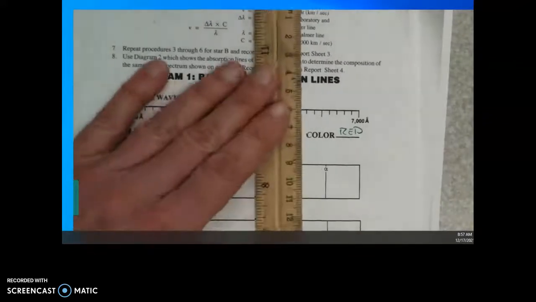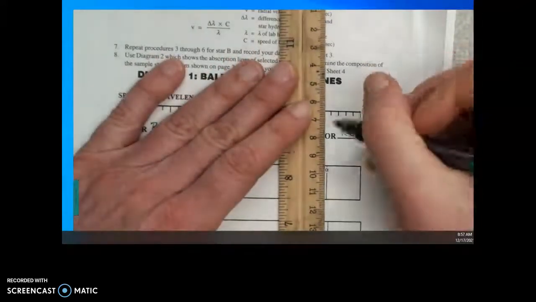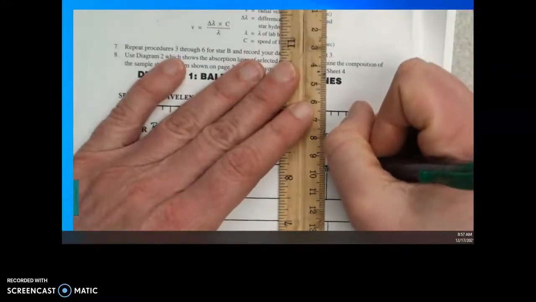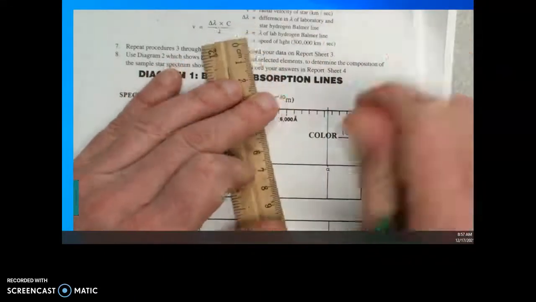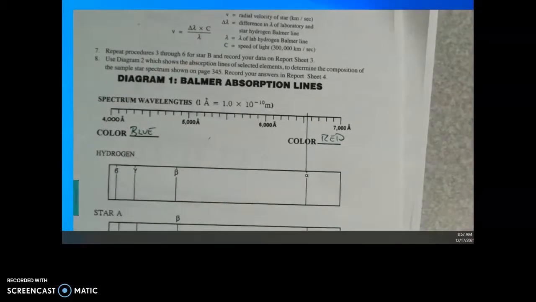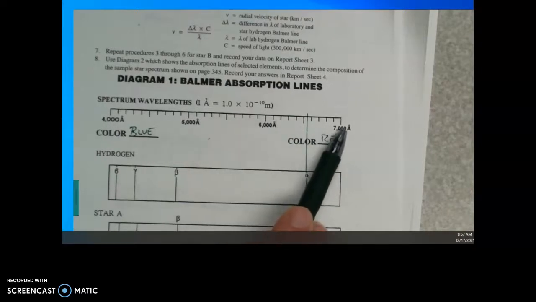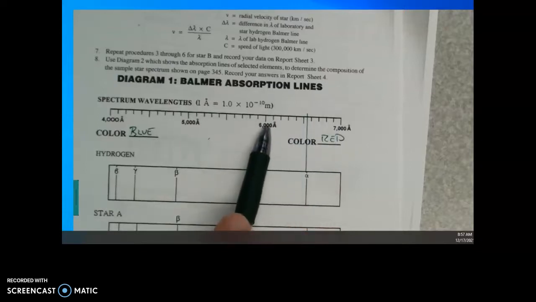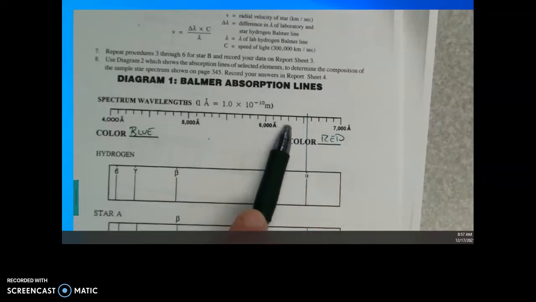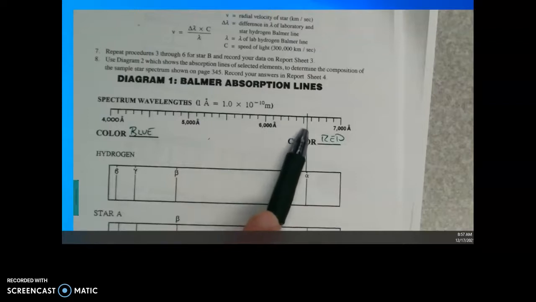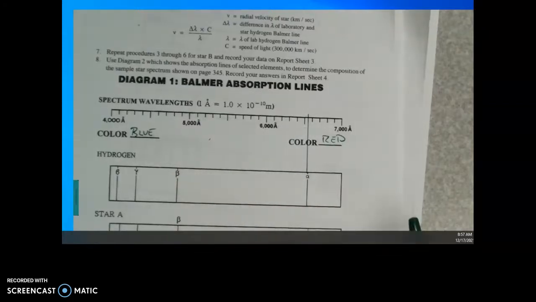I'm going to take a ruler or some kind of straight edge and just going to draw it right up to here. Remember, it's Earth science, so close counts. So if I do that, here's 6,000, here's 7,000. It looks like there's 10 lines in between them, so that makes each one of these smaller lines worth 100. So it looks like I have 61, 62, 63, 64, 65, like 6550.